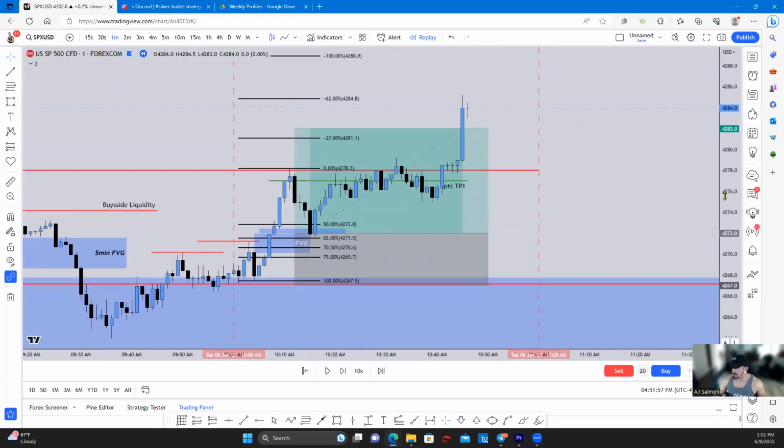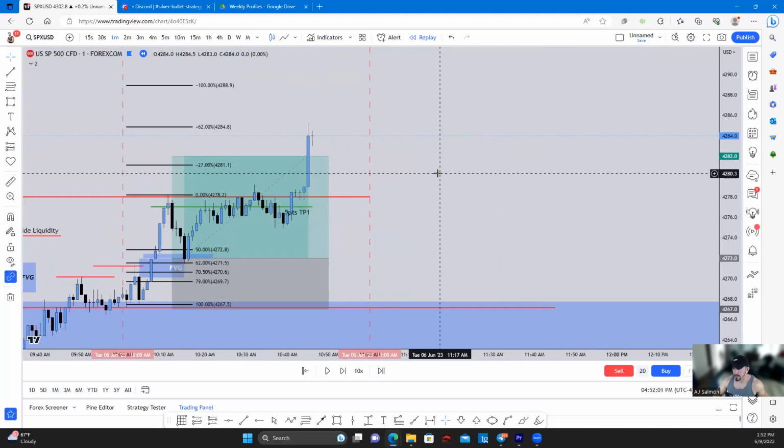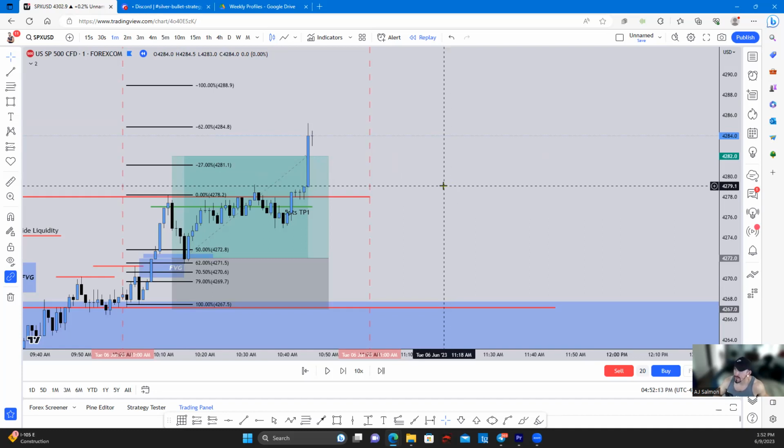So this happens 1, 2, 3 times in a day. Okay. This works on most USD pairs. Okay. So your Euro USD, GBP USD, AUD USD, and then your USD indexes and your futures contracts.